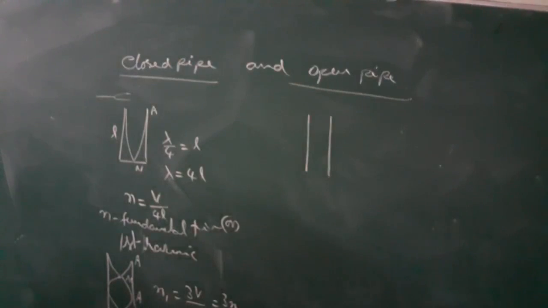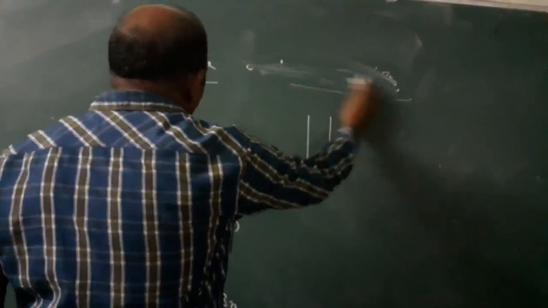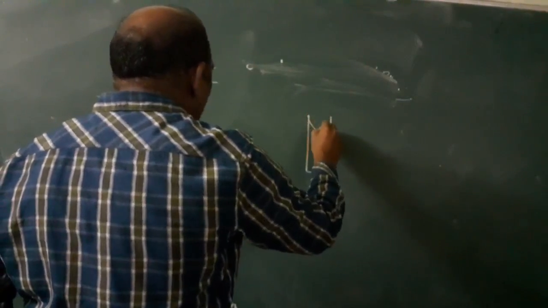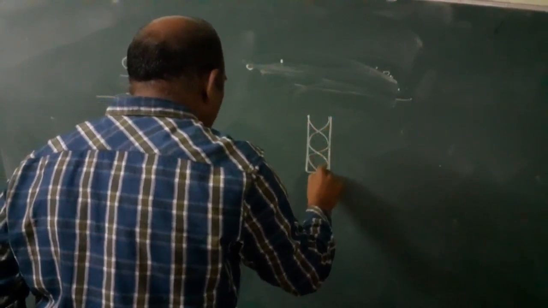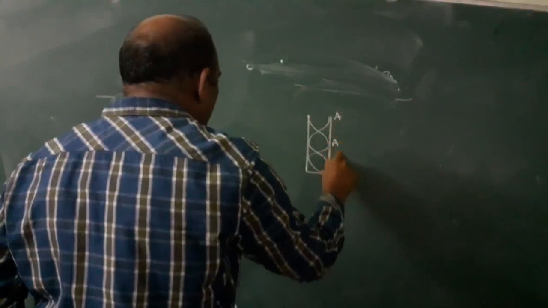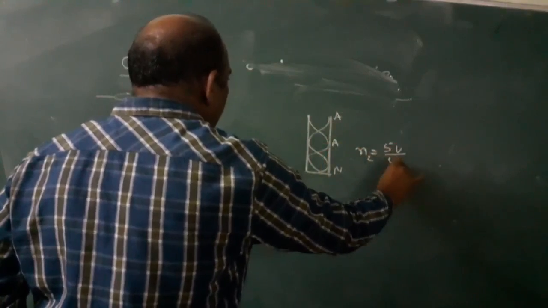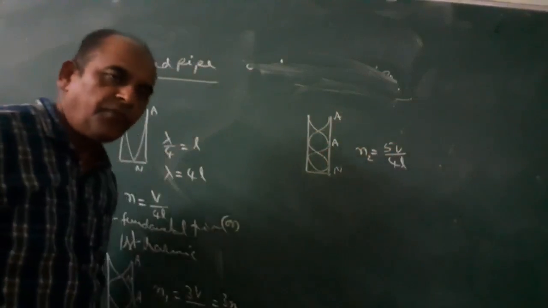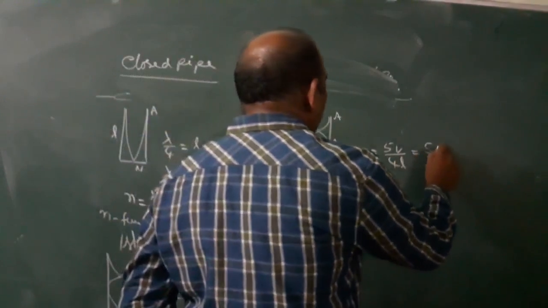In the next mode of vibration, that means the third mode of vibration, the same closed pipe can vibrate with 2.5 loops. The air column is vibrating with 2.5 loops, antinode, antinode, antinode. Frequency n2 is equal to 5v by 4L, and n2 is equal to 5n.